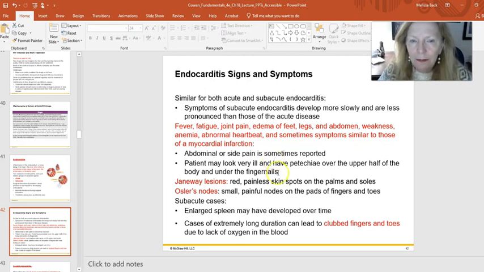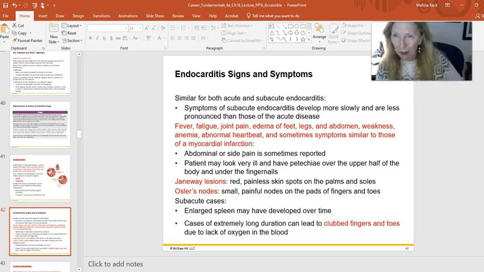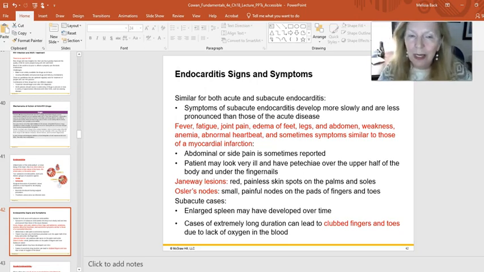So sometimes we understand the liver is also trying to filter out, and the spleen, so there can be abdominal and side pain when we think about where the spleen is and where the liver is. So we understand this. These are some lesions and Osler's nodes that we think about. I don't ask you these, but these are things that you might hear about when there's suspicion of endocarditis.